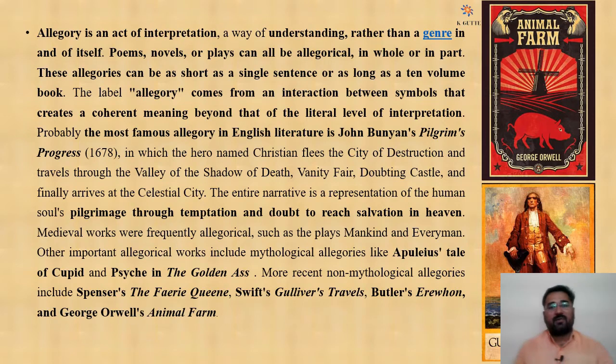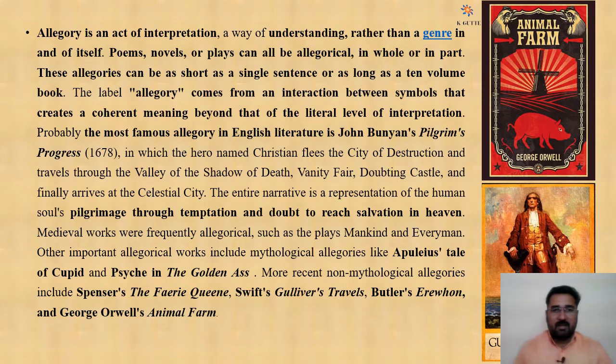Allegory is an act of interpretation, a way of understanding rather than a genre in and of itself. Poems, novels, or plays can all be allegorical in whole or in part. These allegories can be as short as a single sentence or as long as a 10-volume book.